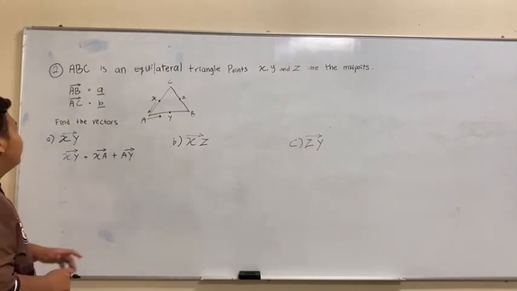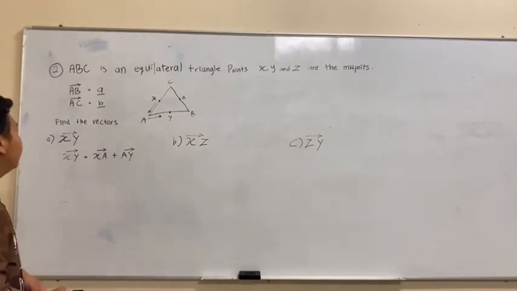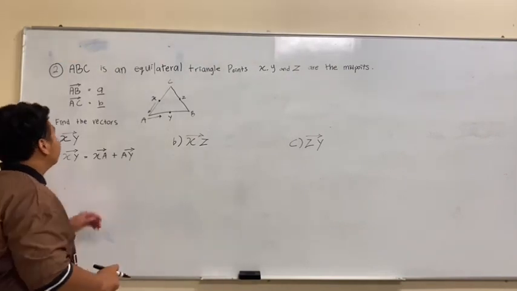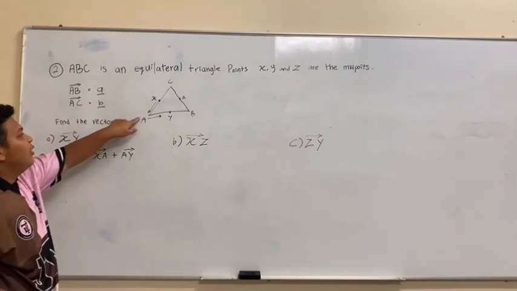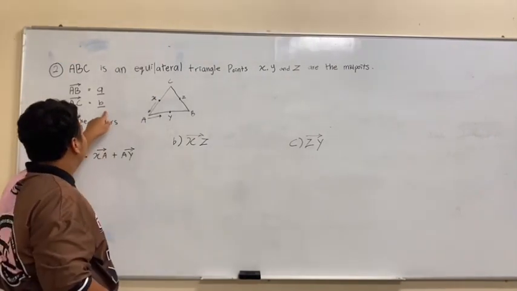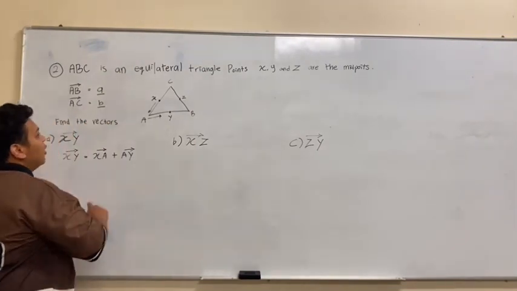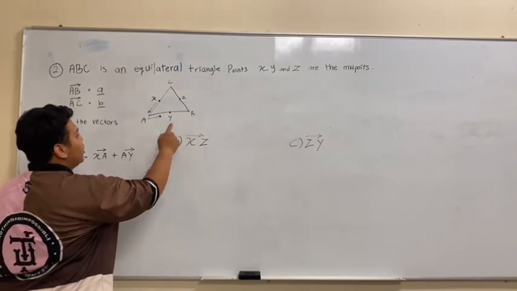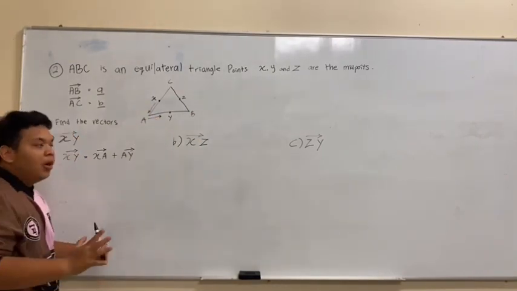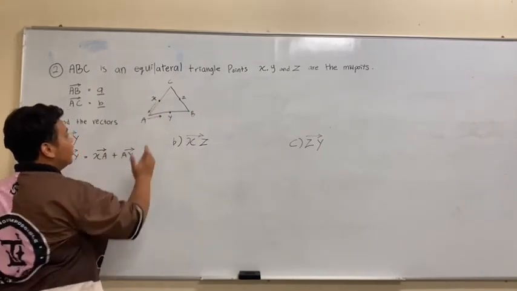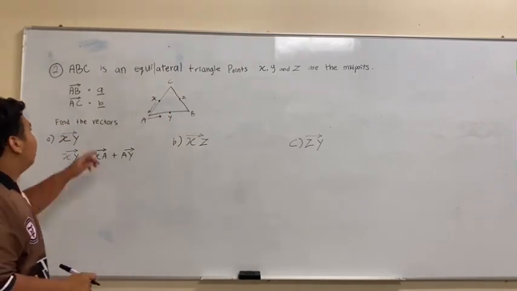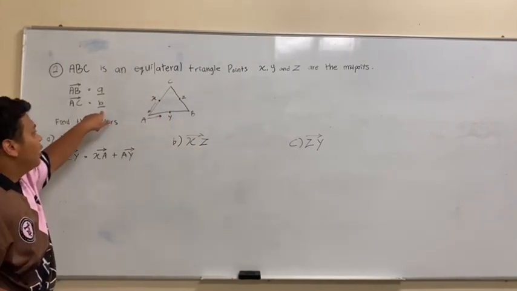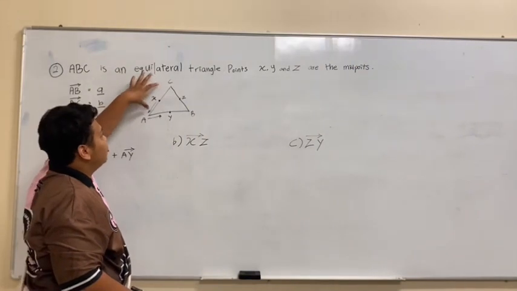Let's see the information that this question gives. Vector AC is b. The question also says X, Y, and Z are the midpoints. So X is the midpoint of AC, which means magnitude b is for AC.